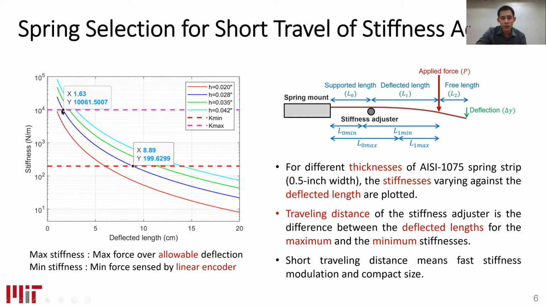So in this case, we select the spring with the thickness of 0.028 inch for our prototype, and the stiffness adjuster needs to be moved from the deflected length of 1.6 centimeter to 8.9 centimeter, only about 7 centimeter of range.